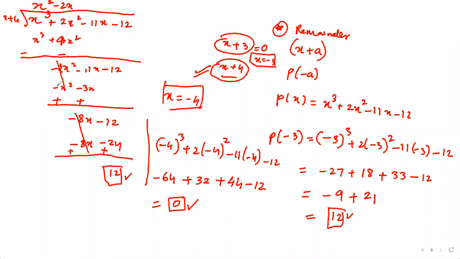So it becomes negative 2x squared, and this becomes negative 8x. So this is negative 8x here, and negative 11x, negative 8x becomes negative 3x. This is minus 3x minus 12 as it is, and then you take here negative 3. If I take negative 3, this becomes negative 3x, negative 12. And you can see that your answer comes to 0.